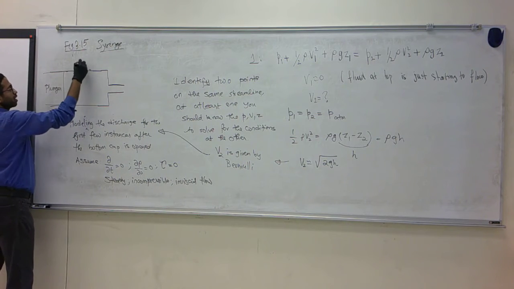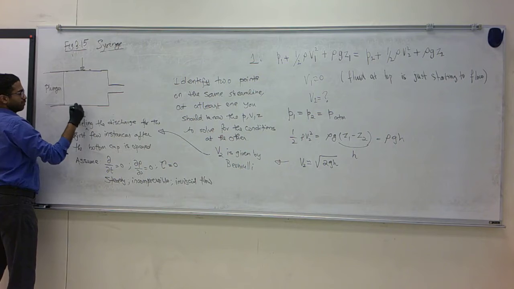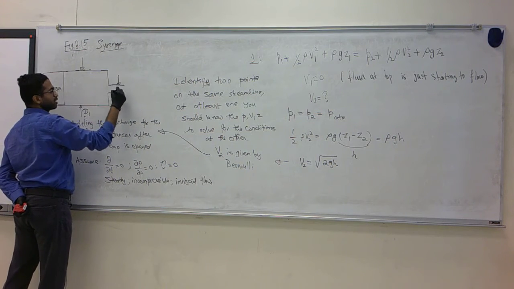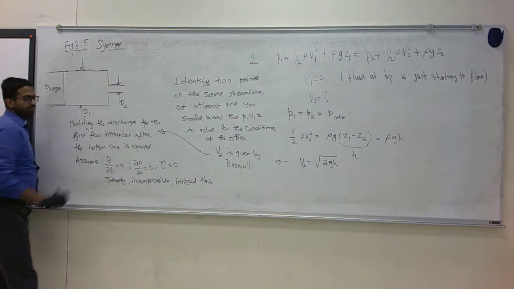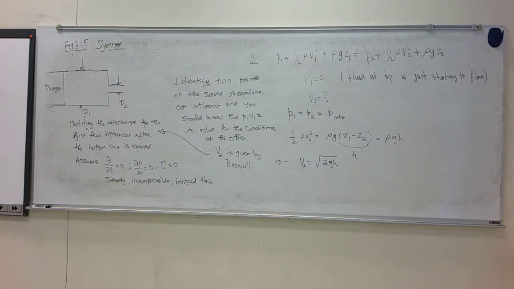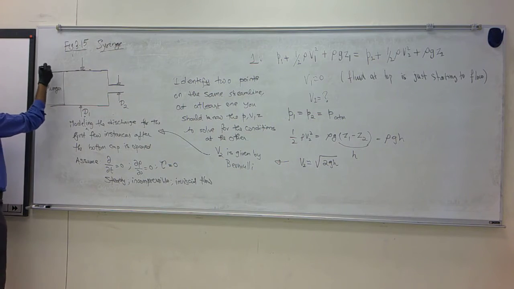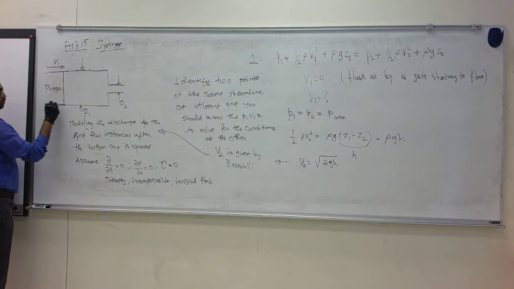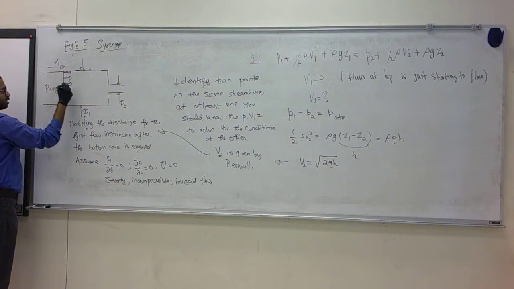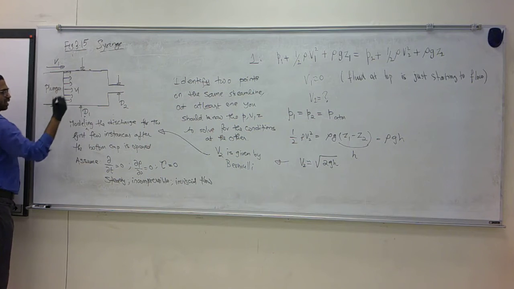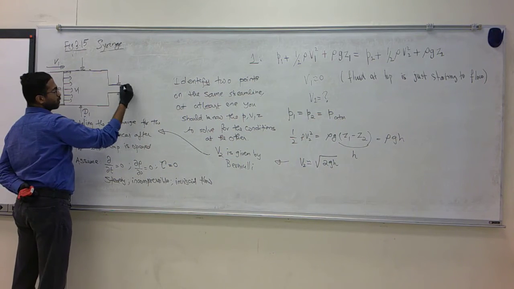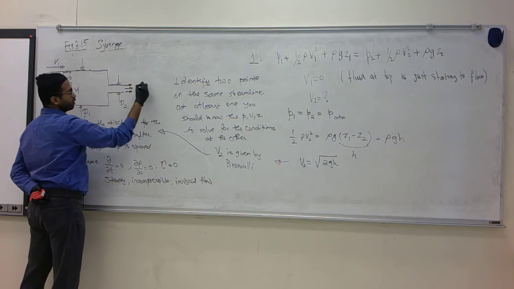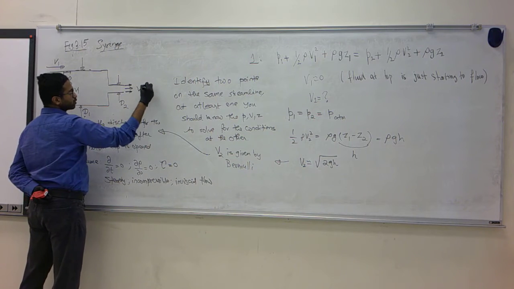Let's say this cylinder has a diameter D1, and we'll assume this has a diameter D2. If I push the plunger with a velocity V1, that is the liquid in contact with the plunger moves with a velocity V1, I want to know the velocity with which the fluid exiting the syringe will move. I'll call it V2, and I need to solve for V2.